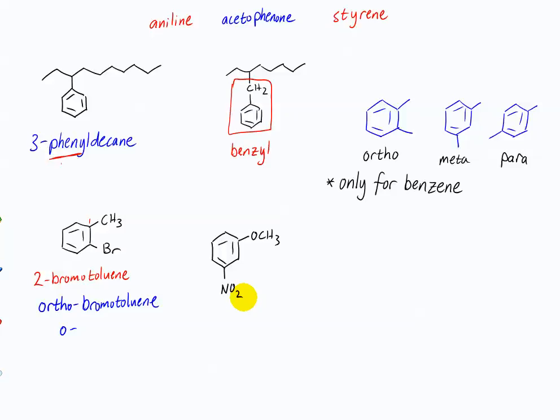Anisole. So it's an anisole, and then how do we finish the name? Right, 3-nitro or meta-nitro anisole. Okay, and we could have also said that was m, and we could also say 3.